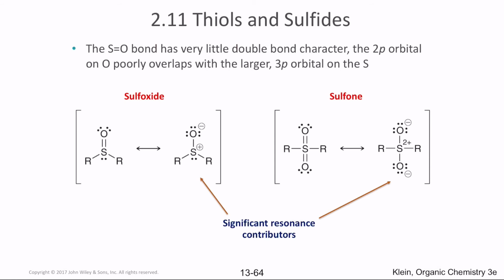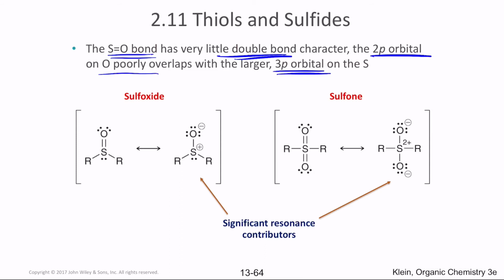But notice that this S=O in general has very little double bond character. The reason is that both atoms have the property of forming double bonds, but they are not readily able to, because you have a 2p orbital on oxygen overlapping with a larger 3p orbital on sulfur.